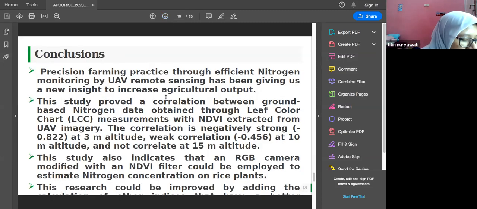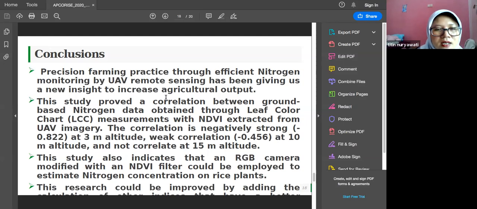The conclusion. Precision farming practice of nitrogen monitoring by UAV remote sensing has been giving us a new insight to increase agricultural output. This study proved a correlation between ground-based nitrogen data obtained through leaf color chart measurement and NDVI.